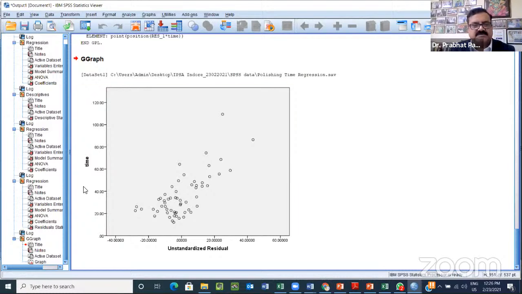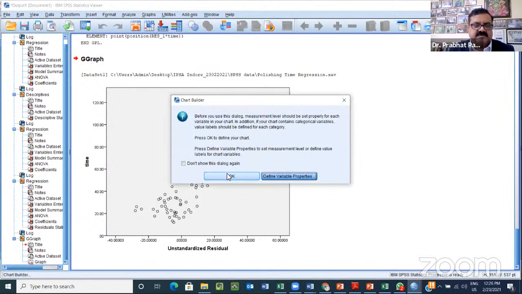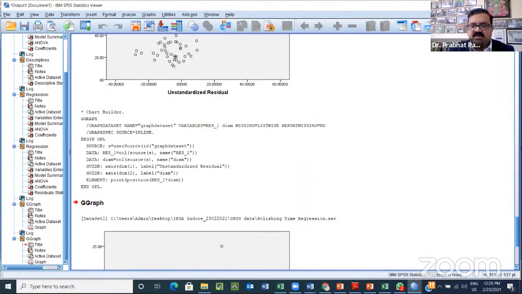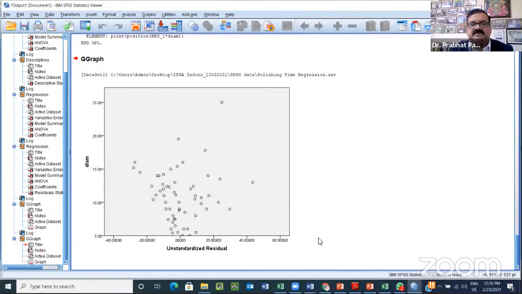The distribution of error across the y variable. As the y variable changes, the distribution changes. You can also check the error distribution across the stochastic x variable. So as the x variable changes, how the error changes. You can see here, when you look at the distribution of error vis-a-vis x, we find that it's very, very scattered. If you try and draw a line, it is going to go in two different directions.